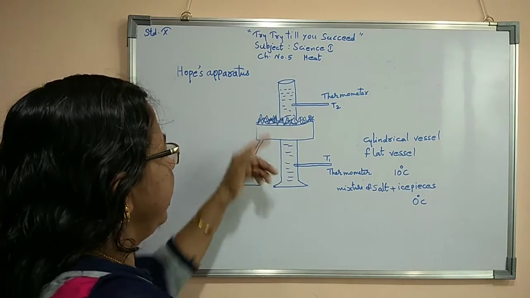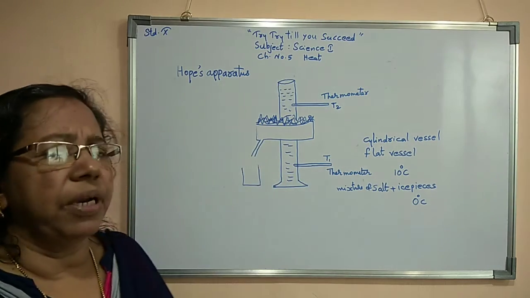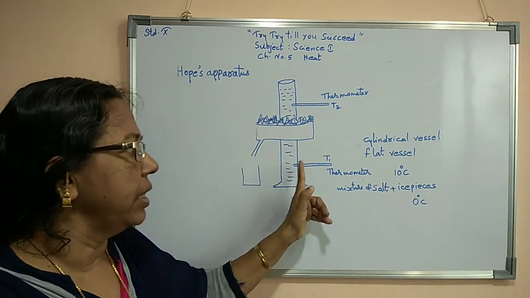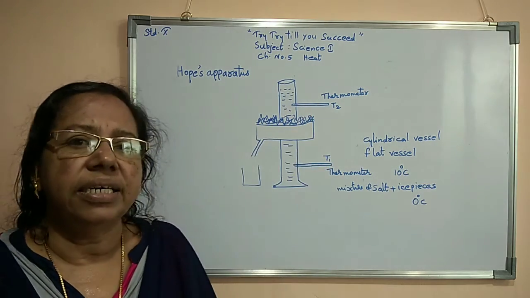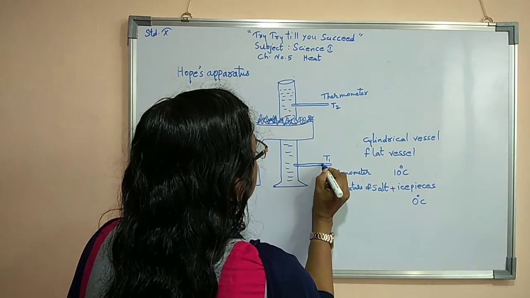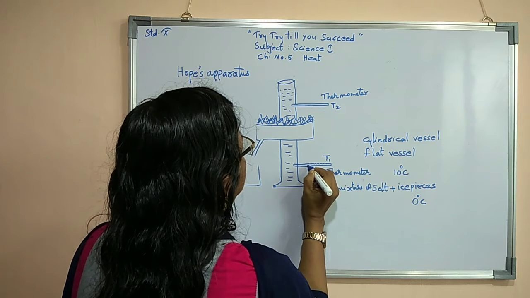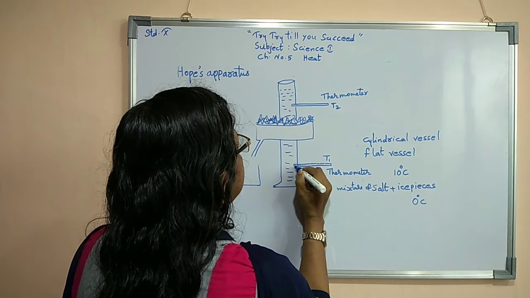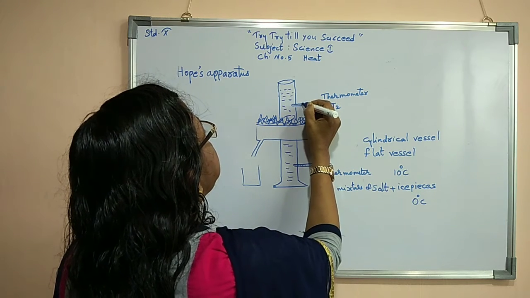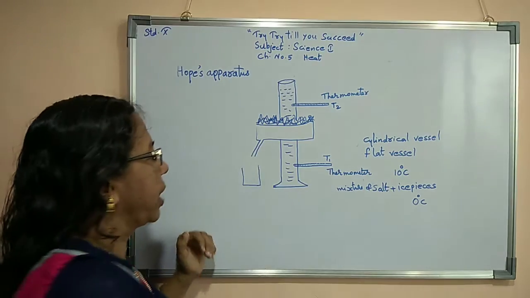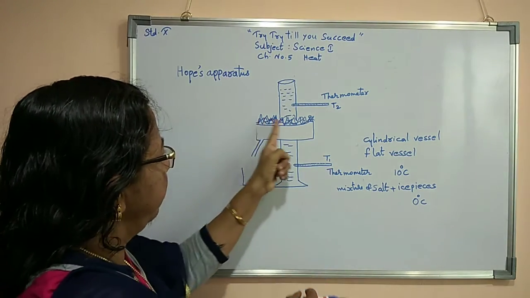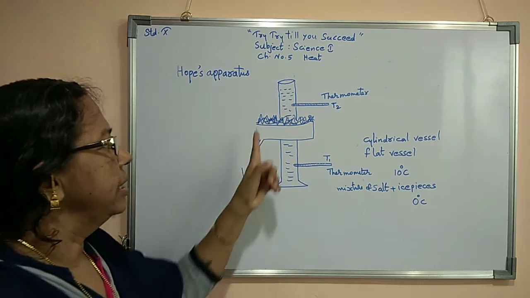Now, when we conduct this experiment, every 30 seconds we have to check what is happening to the thermometers, which Celsius they are showing. This thermometer shows different readings, and this thermometer also shows different readings. Here we had already added water, and we kept the cooling mixture.